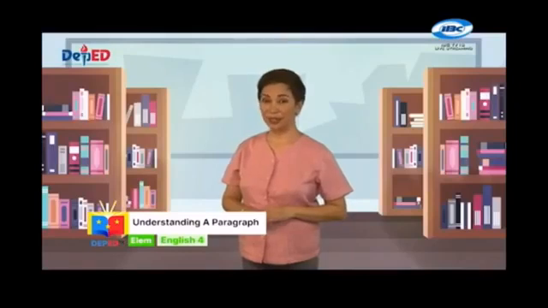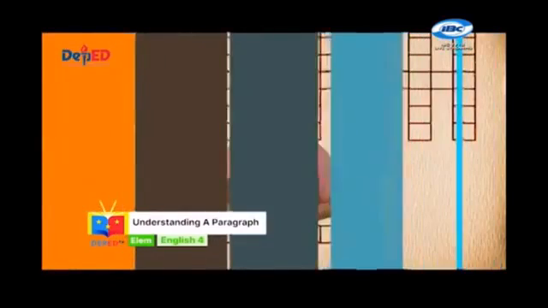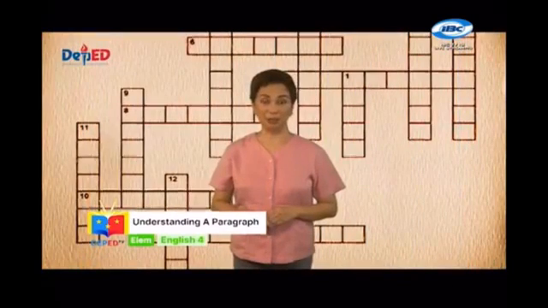Today, we are going to read a paragraph about books. But before that, let us first answer the crossword puzzle using the words that we will encounter when we read the paragraph. Do you have what it takes to be a word master?